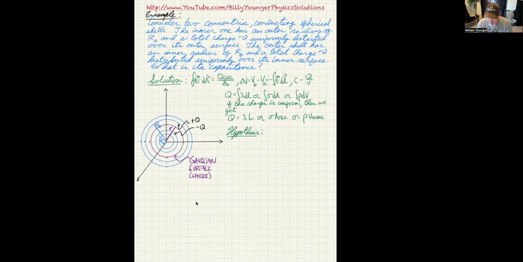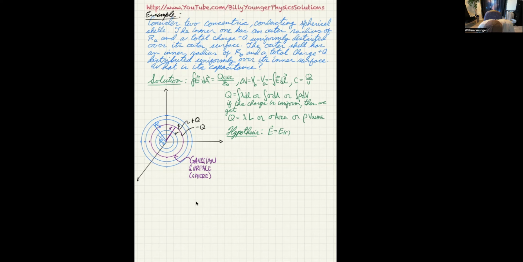So with that in mind, I'm going to assume that the electric field has the form E is equal to some E of R, meaning I don't think it depends on any variables other than the radial distance from the center of the sphere to the point at which we wish to know the electric field.